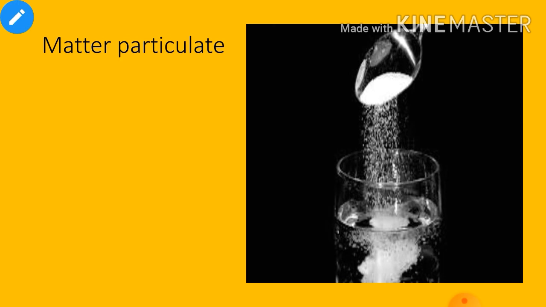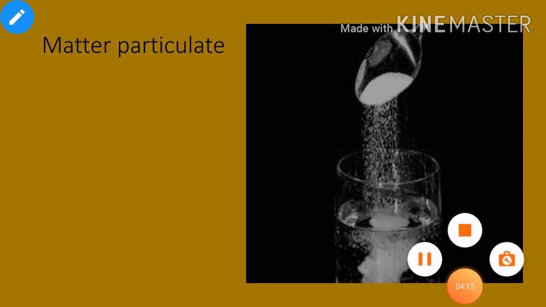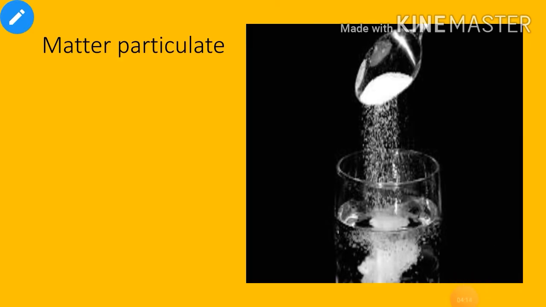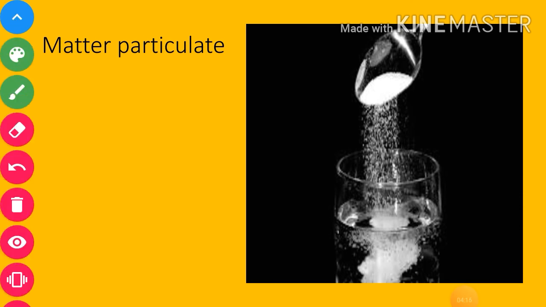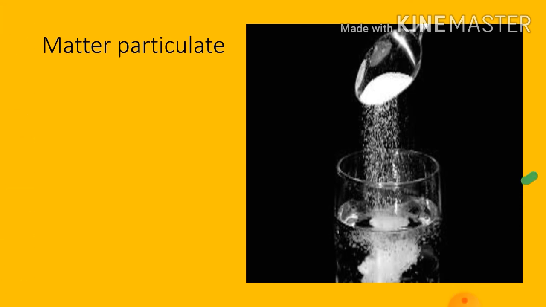So, have a look at this picture. What do you see in the picture? You have salt and a glass having water in it, and salt is mixed with water.